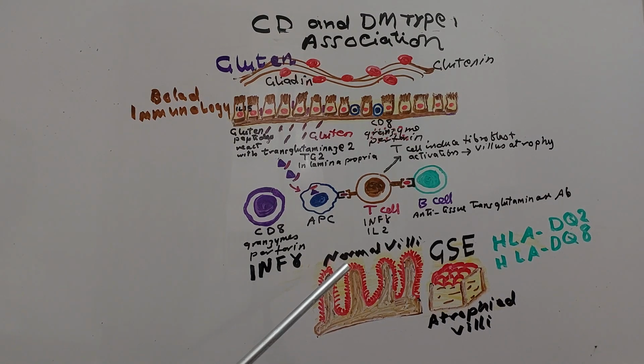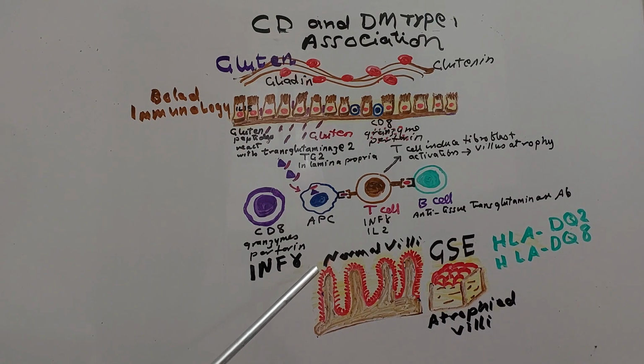So up to 12% of children with diabetes mellitus type 1 may suffer from celiac disease. This association has been supported by the reduced prevalence of type 1 diabetes mellitus after gluten deprivation in patients with celiac disease.